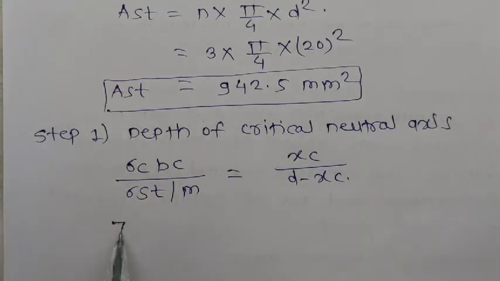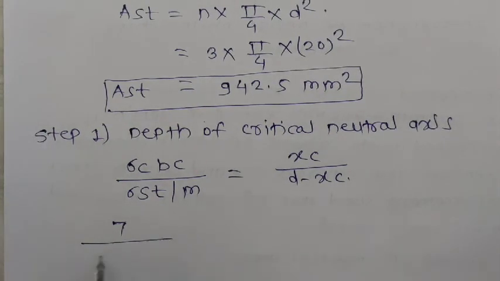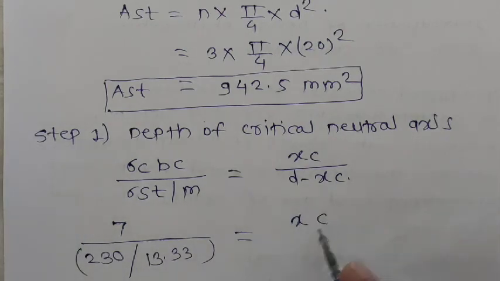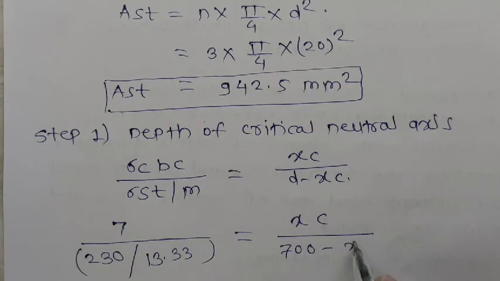Sigma CBC is 7, divided by sigma ST is 230, divided by m is 13.33, is equal to XC upon 700 minus XC.